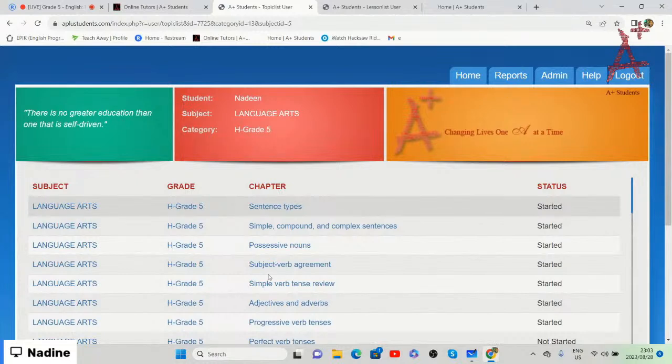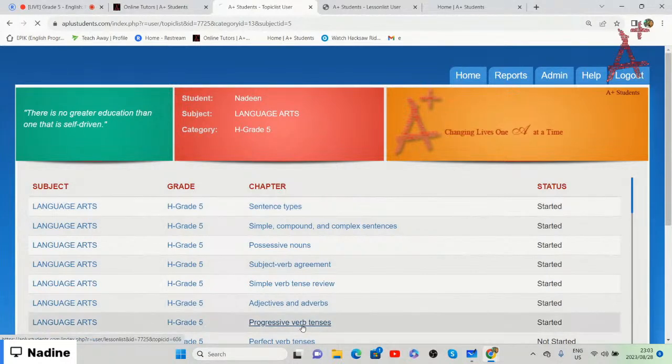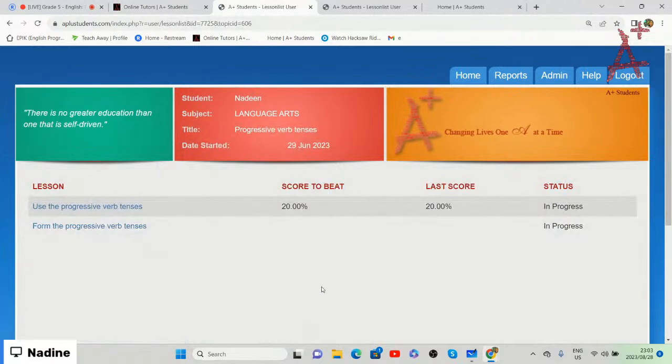For today's chapter, we are going to scroll down to progressive verb tenses. So we're going to click on progressive verb tenses, and the lessons that we're going to be focusing on are to use the progressive verb tenses as well as to form the progressive verb tenses.